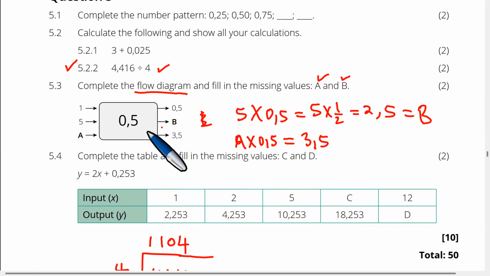A is multiplied by half and it's 3.5. What's the answer? Okay, let's see quickly.